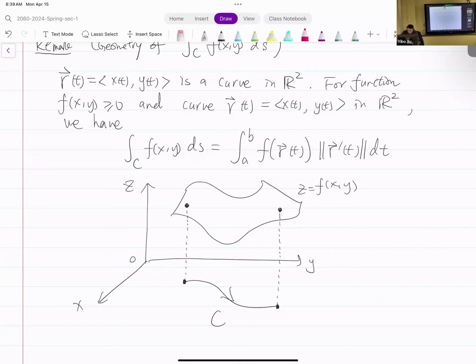This evaluation will form a space curve in a sense. This curve C defines the xy value, but then the z value relies on x and y on the surface on the top. We don't really know the exact appearance of this curve in red, but when you do the evaluation, it could be like this.